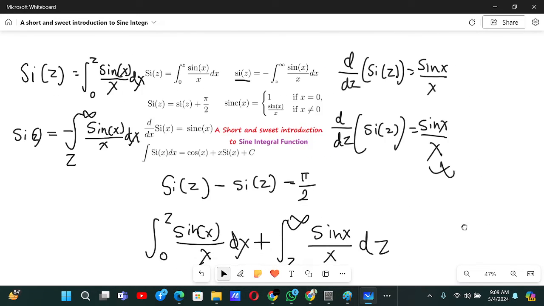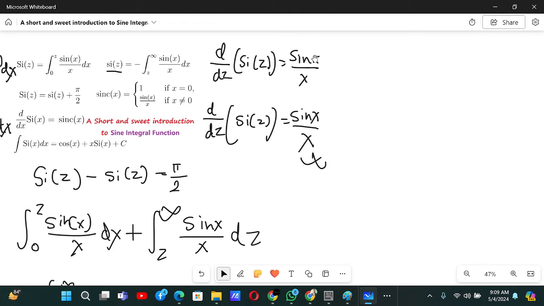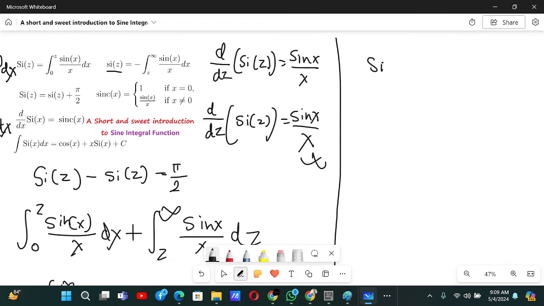Now, even though we get sine x by x as the answer in many cases, this is not really well defined at x equals 0, and we need to take a limit. So for the derivative of capital Si of z, we can define another function, the sinc function, which is sine x by x itself for all values not equal to 0.